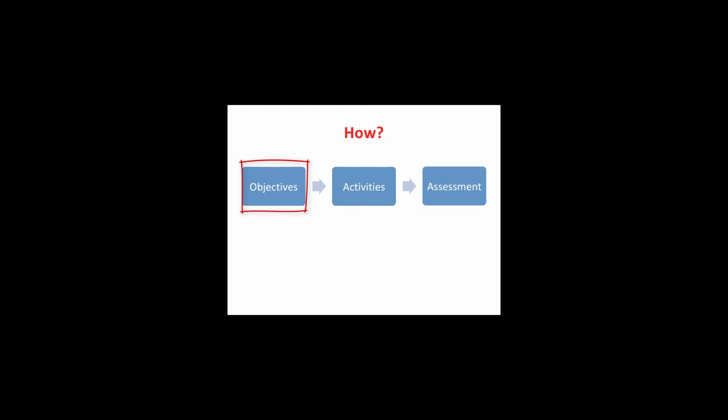That is, what students will be able to do at the end of the course. Secondly, we want to design activities that allow students to participate and practice their knowledge and skills gained throughout the course. Finally, we want to create assessments that collect evidence about students' learning in the course.